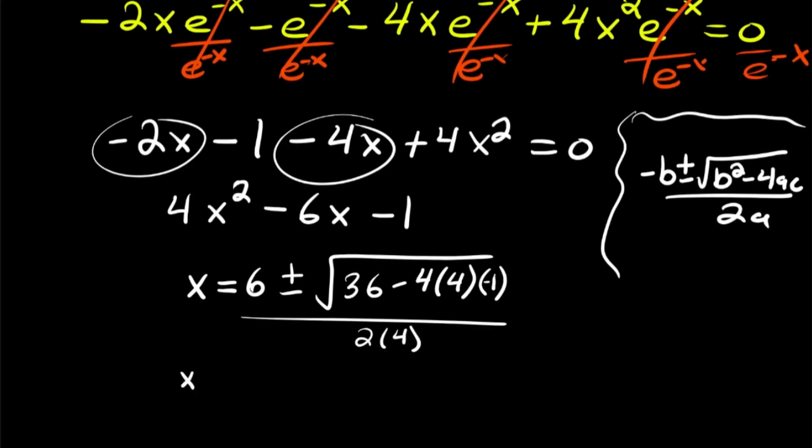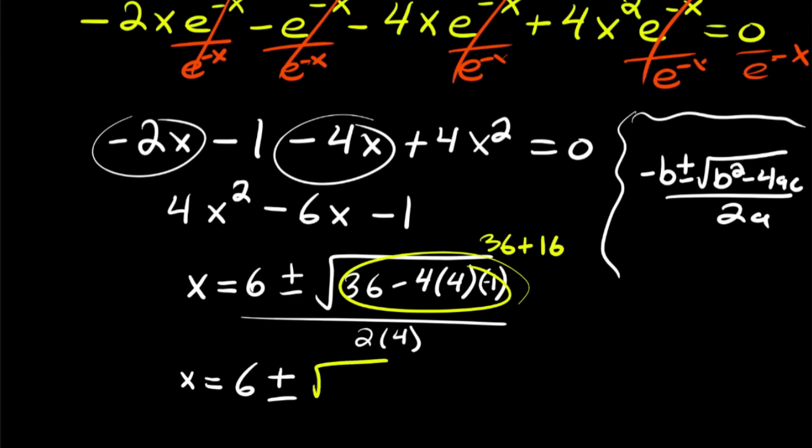Okay. And so then we get 6 plus or minus the square root of, this is plus 16, so 36 plus 16, which is 52, all over 8. And I'll just leave it like that.